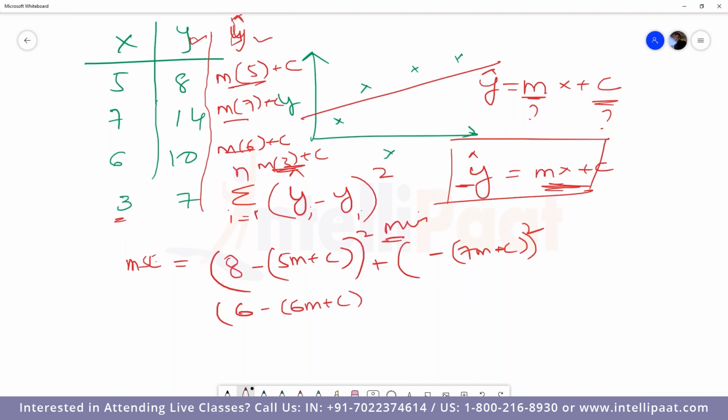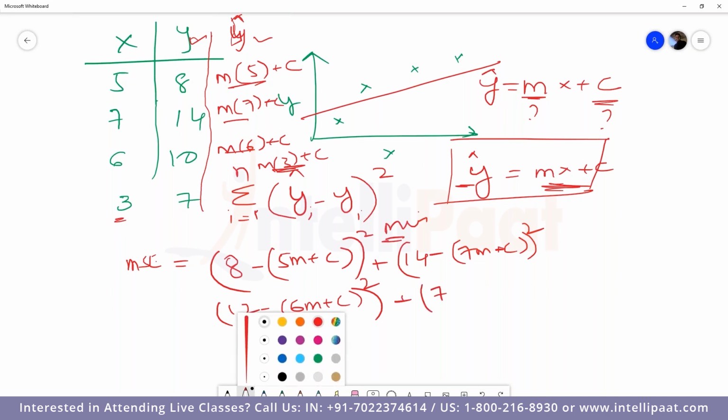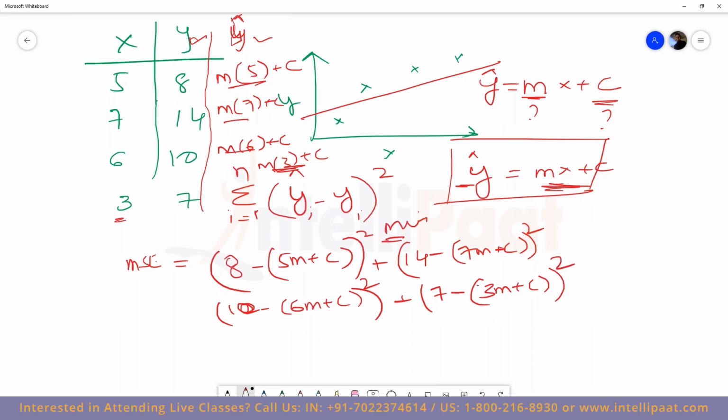This is going to be 14 and this is going to be 12, the whole square. And last but not the least, for my fourth data point, this is 10, it's 10 minus 3m plus c, the whole square. Yes, I've corrected it already. All of us okay with this?